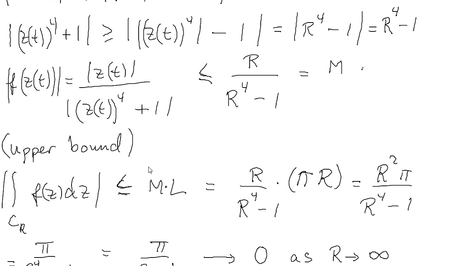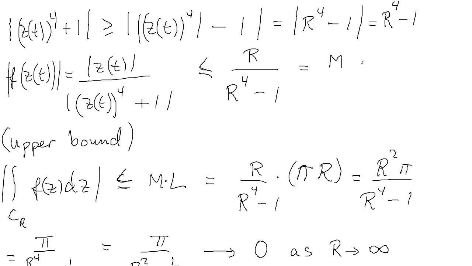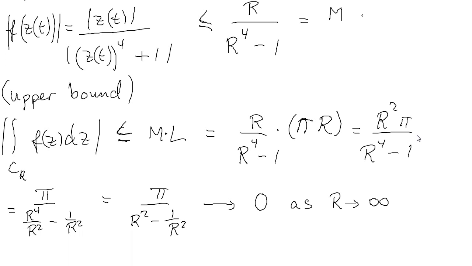And we now have both the upper bound and the length, because the length is just pi R. For a circle it's 2 pi R, but we have just a half circle, so it's pi R multiplied with this M. So then we obtain that this absolute value is less than R squared pi over R to the power of 4 minus 1.